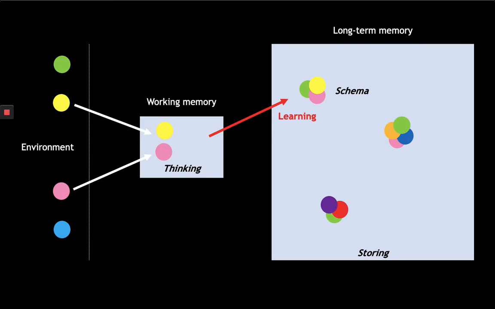So we use these schema to help us interpret new information. So when new information comes to us from our environment, we retrieve schema from our long-term memory and use those to make sense of that information. So we're storing knowledge as schema, and then we're thinking about knowledge using schema.